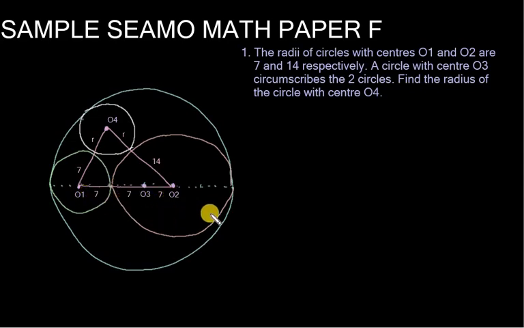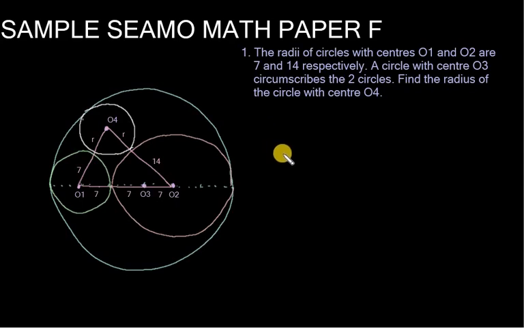It is because the radius of circle O1 is 7 and the radius of circle O2 is 14, whilst the radius of circle O4 is not yet known. We assign the radius of O4 as R.